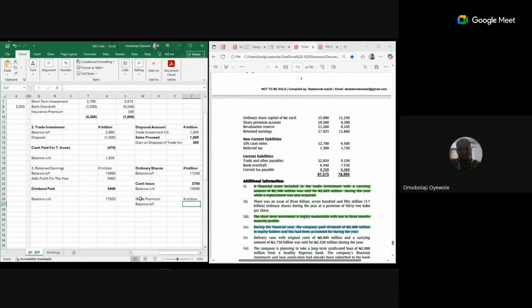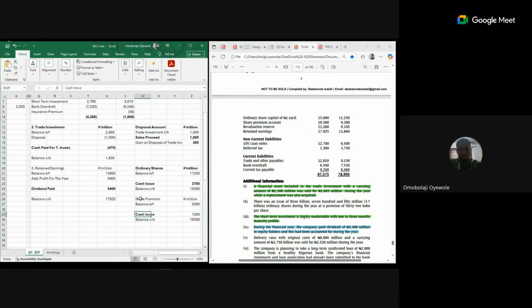So for share premium, the balance brought forward is what? 9,300. The balance carried down is what? How much? 10,500. So the difference will be 1,200. So this is another cash issue.